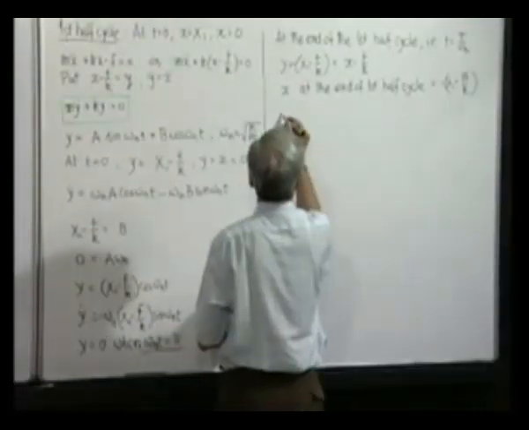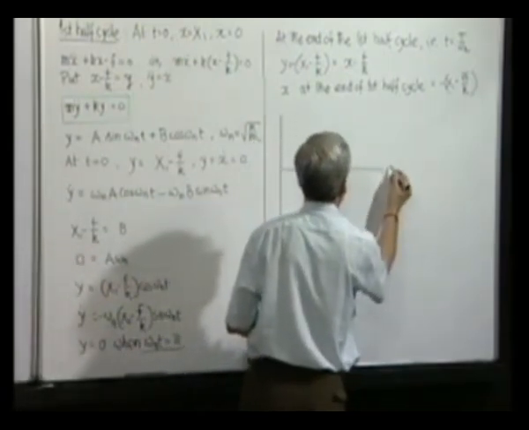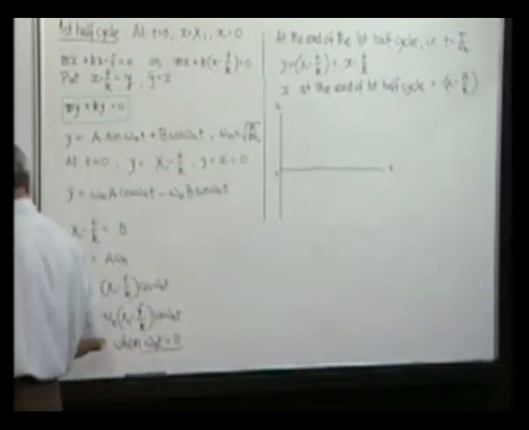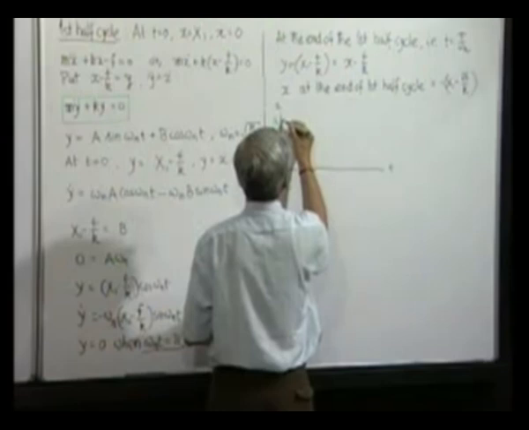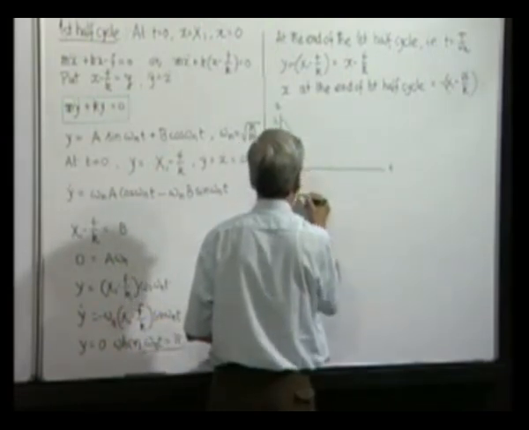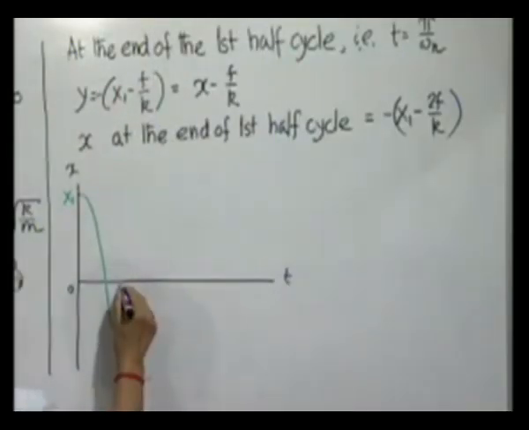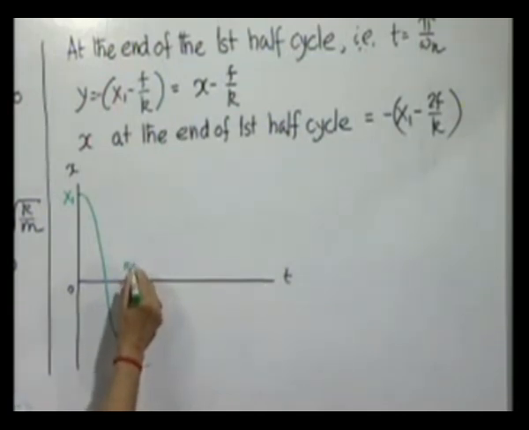That is, if we plot, we start from here, which is x1, we come here, and again it stops here at pi by omega n.